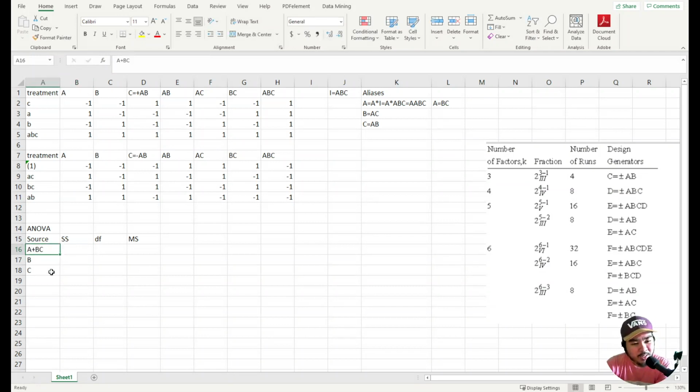So you can write it as just A, no? But for accuracy, since the purists would say it's not technically A, technically it's A plus BC. Okay? So A plus BC, then B plus AC, and lastly C plus AB.